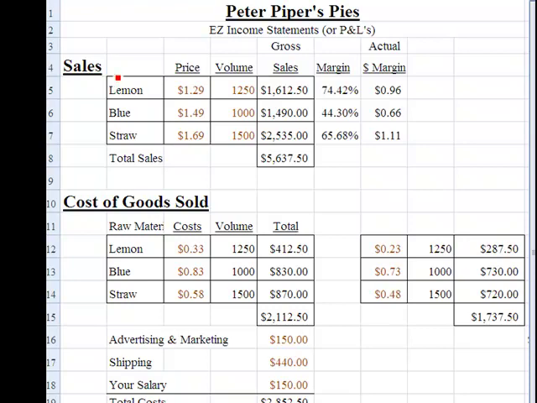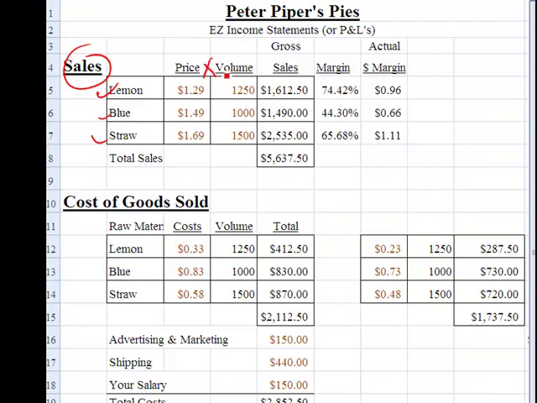Again, we've got our sales up here at the top, and we've got the three types of pies: lemon, blueberry, and strawberry. These are our various prices. Lemon is $1.29, blueberry is $1.49, and strawberry is $1.69. Here's the volume for the different ones.